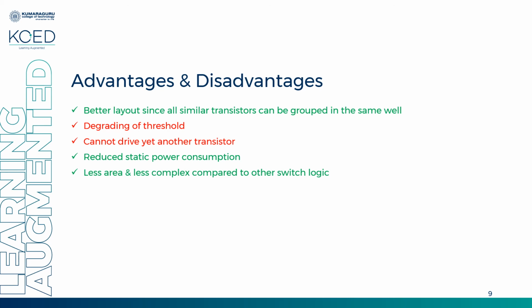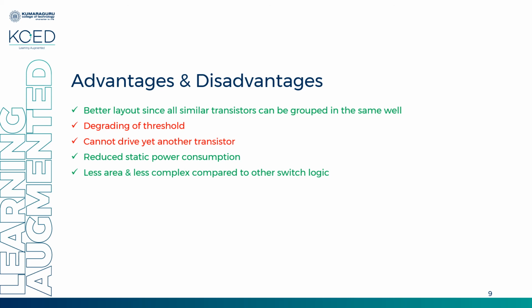Let me point out some plus and minus points of PTL logic. Here I can have a better layout. Why? It is simple NMOS and PMOS transistors. Previously I have seen AND and OR logic using NMOS pass transistors, all are NMOS pass transistors. With a similar substrate or similar well, you can group all the transistors together.